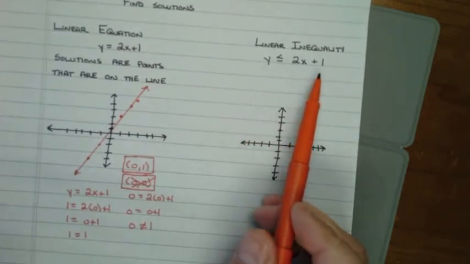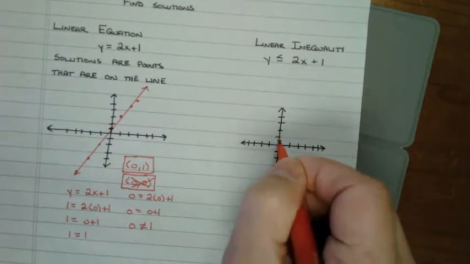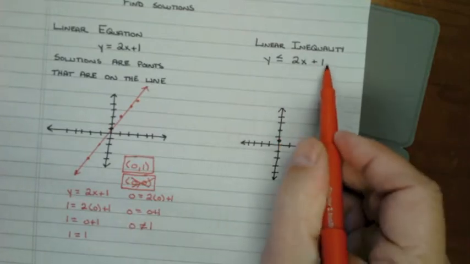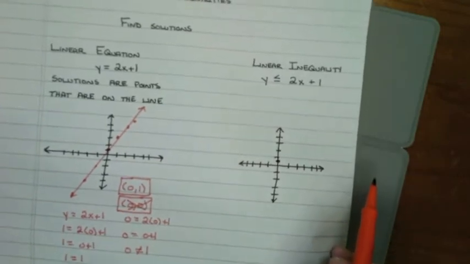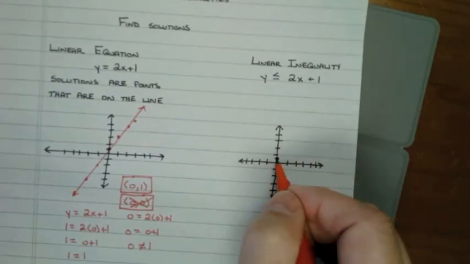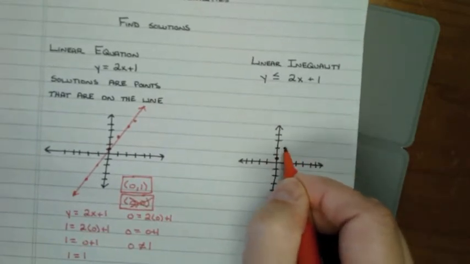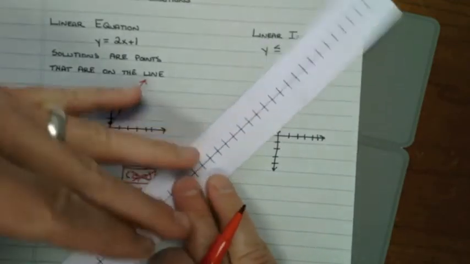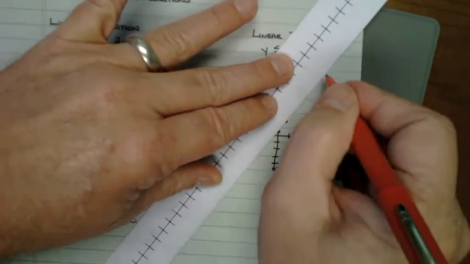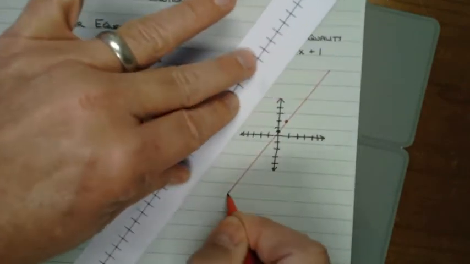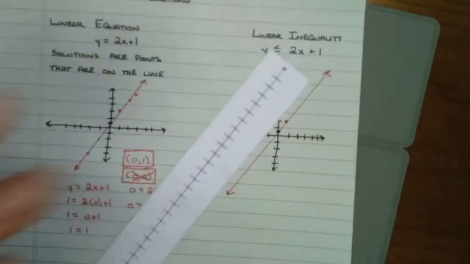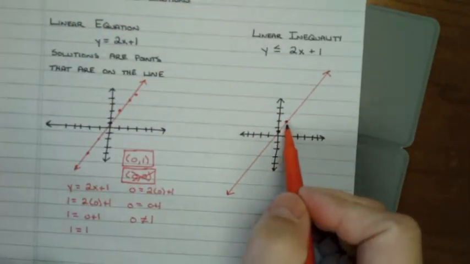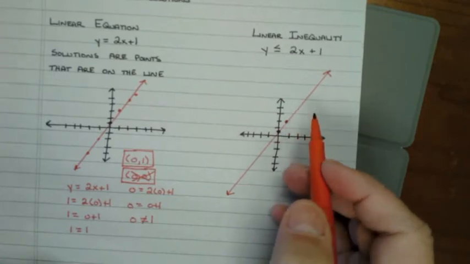What form is this in? It's in slope-intercept form. I'm going to put my first point at my y-intercept. Then I'm going to use my slope. My slope's telling me to go up 2 over 1. I draw a line. Points on this line are solutions.